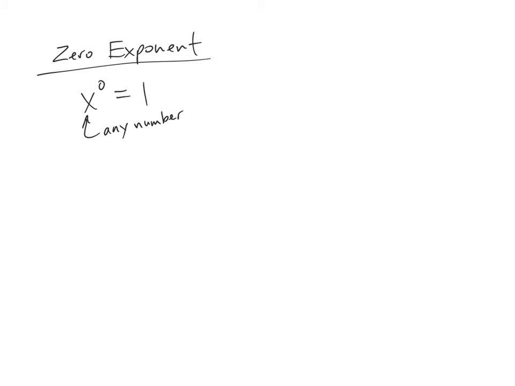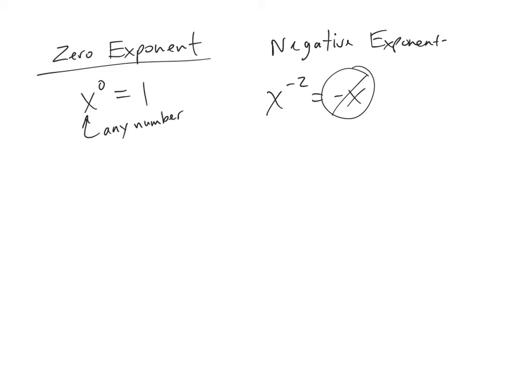Okay, so what about these negative exponents? The biggest struggle is everybody wants to take x to the negative 2 and somehow make x negative, and that is not what you do, okay? Negative exponents do one thing.